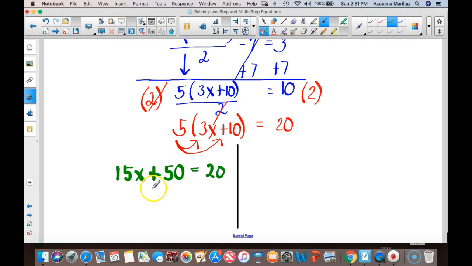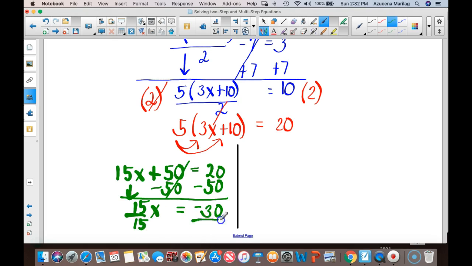And if I take away 50 on both sides to undo that plus 50, bring down the 15x, and negative 50 plus 20, since the signs are opposite, subtract 50 and 20, I get 30. Take the sign from the number with a higher absolute value, so that's 50, so that will be negative 30. Divide 15 on both sides using the division property of equality, and you have x equals negative 2.